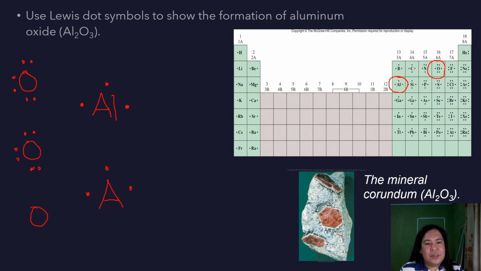Then this one is 1, 2, 3, 4, 5, 6. Okay, since this is ionic compound or formation of ionic compound, electrons are being transferred. So this 2 electrons, para ma-form yan, pupunta siya dito. Yan, yung dalawang yan. Punta dyan. Other one is here.